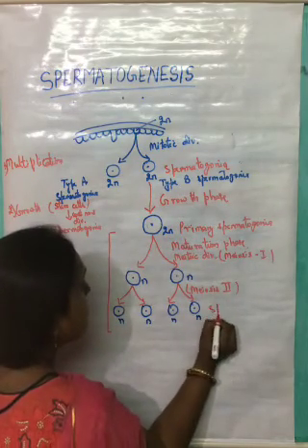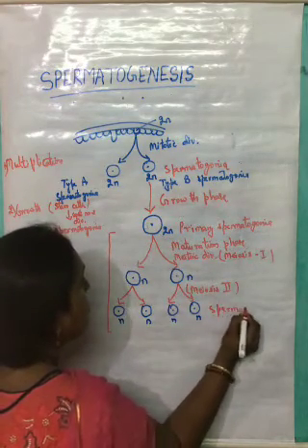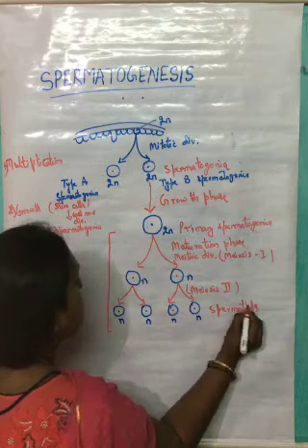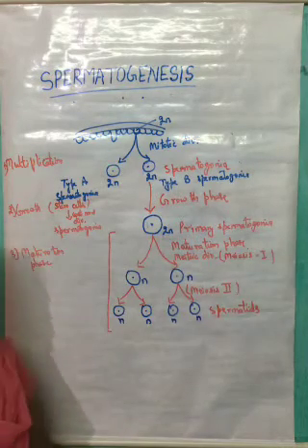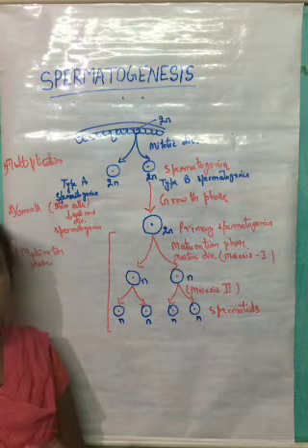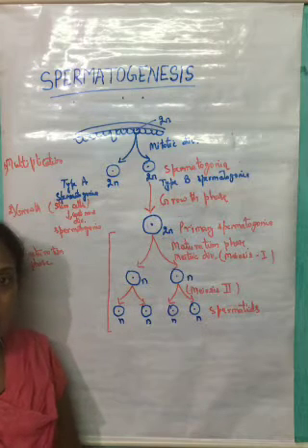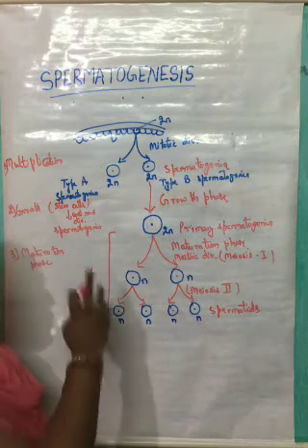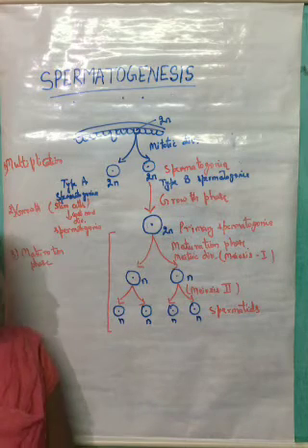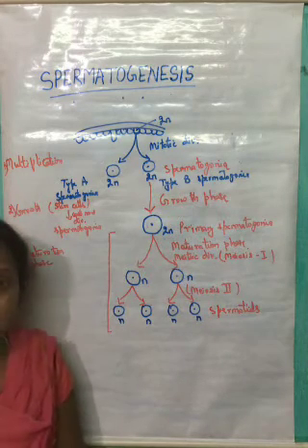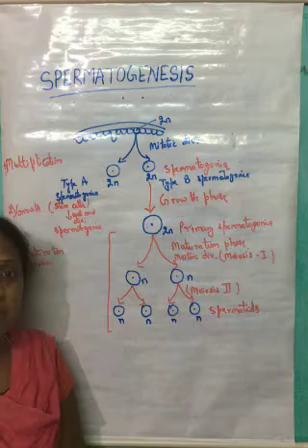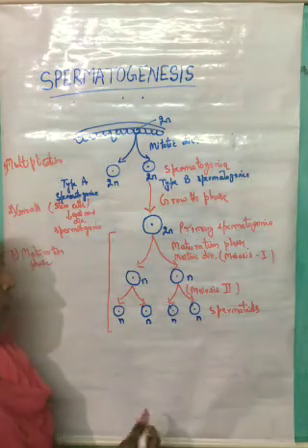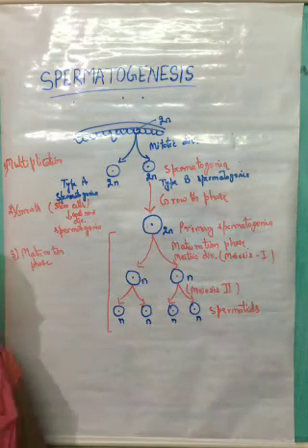All these are the spermatids. So here the formation of the spermatid takes place. Already we have discussed that spermatogenesis includes formation of a spermatid from the spermatogonia, and further the formation of the spermatozoa from these spermatids.